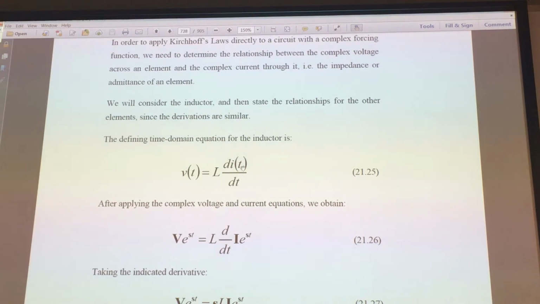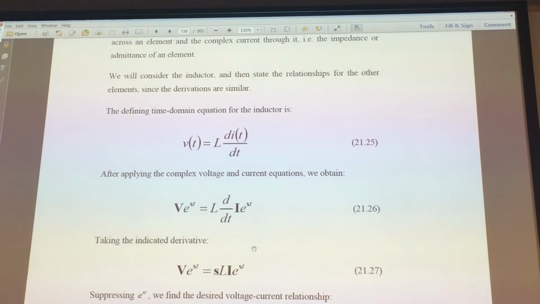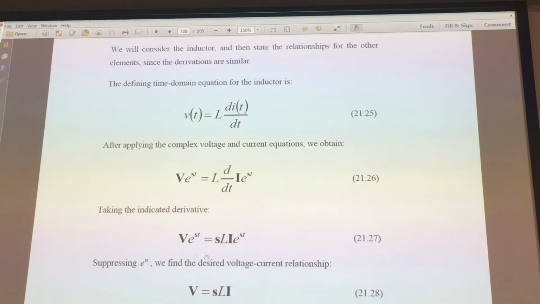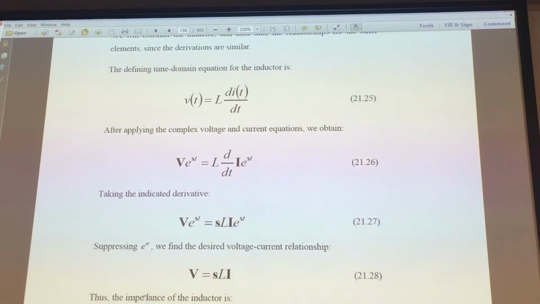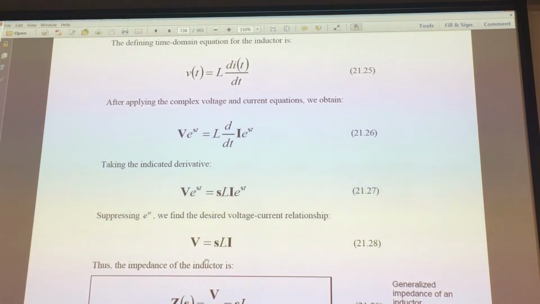So we know the voltage-current relationship on an inductor, which is V equals L di/dt. If we apply complex voltage and current equations to it, we get this expression, where V and I are phasors, of course. Taking the derivative will give us the next equation, then cancelling e^(st) on both sides, we get this, which is something we have already seen.